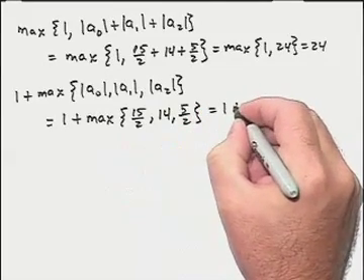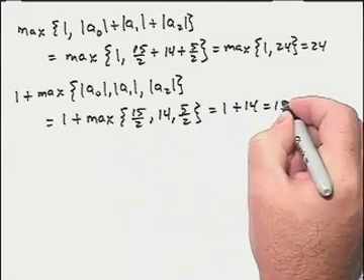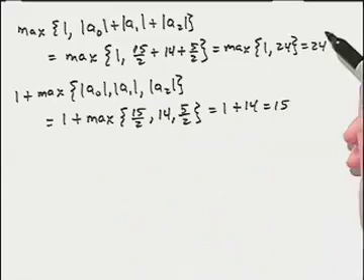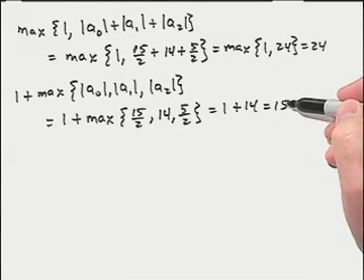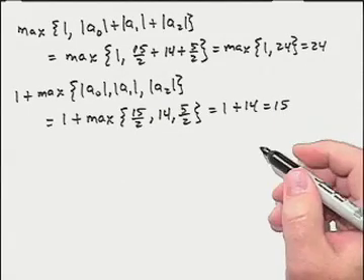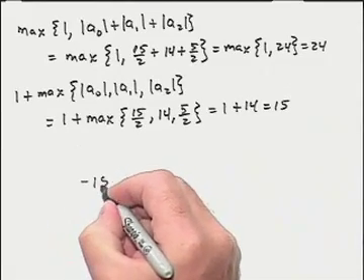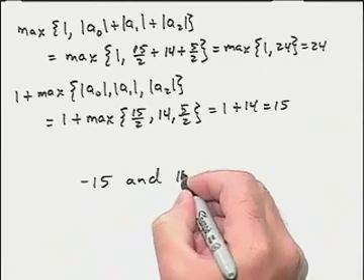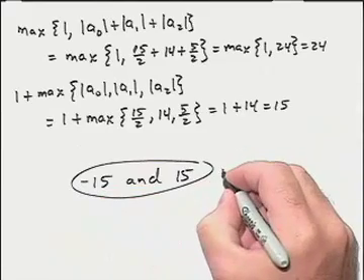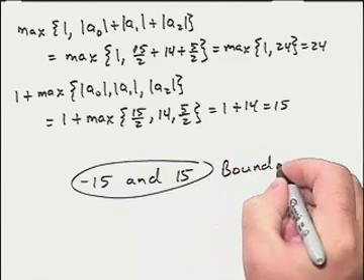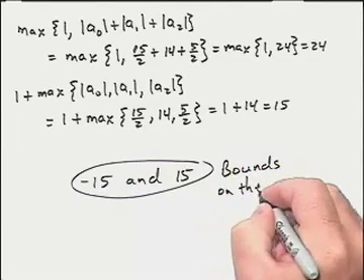So we get 1 plus 14, which is equal to 15. Now the smaller of these two numbers is 15. Well, that gives us our bound. Every 0 of g lies between negative 15 and 15. So negative 15 and 15 are the bounds on the zeros.